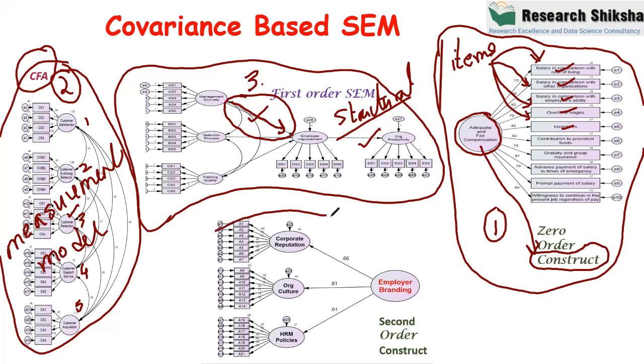And then we have the fourth model, which is known as second order CFA. These are all advanced things, and you may be thinking why I am discussing advanced things in the first slide. The reason is that we should know what we are going to learn in this whole workshop.